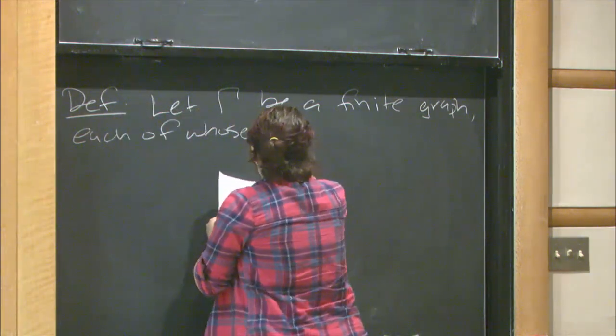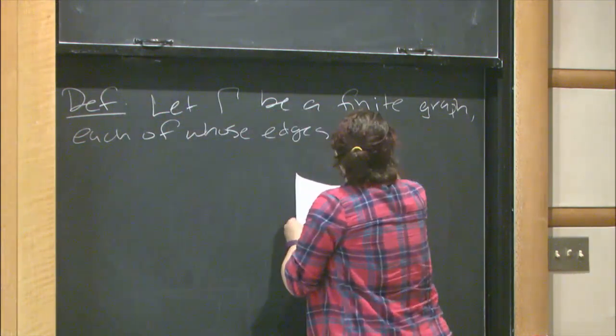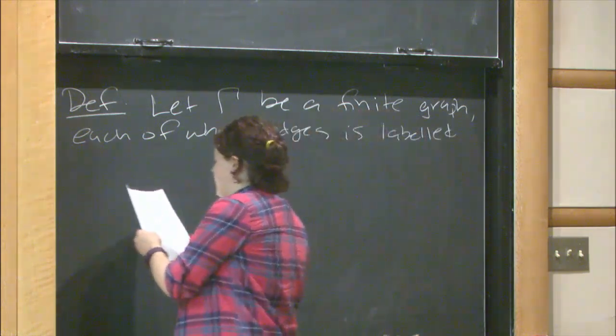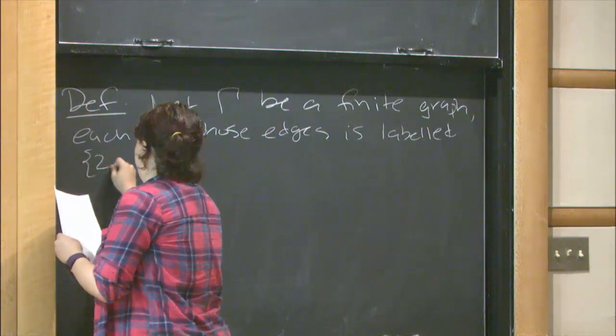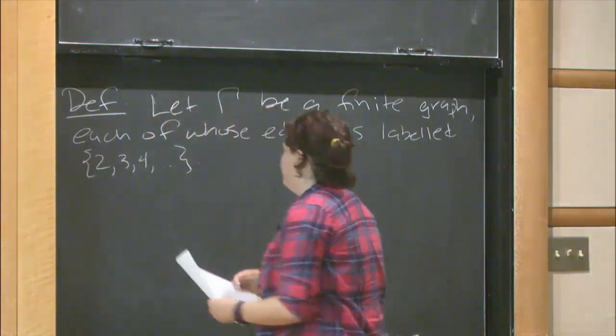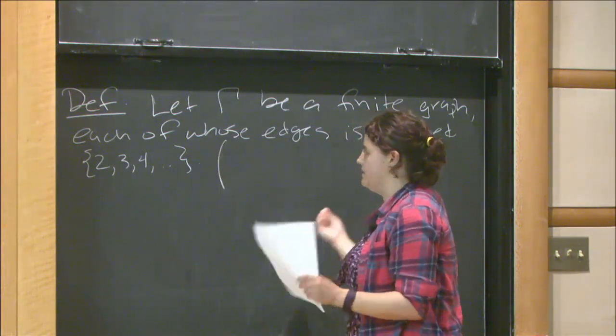each of the edges is going to be labeled with some label picked from integers at least 2. And sometimes this is going to come up.